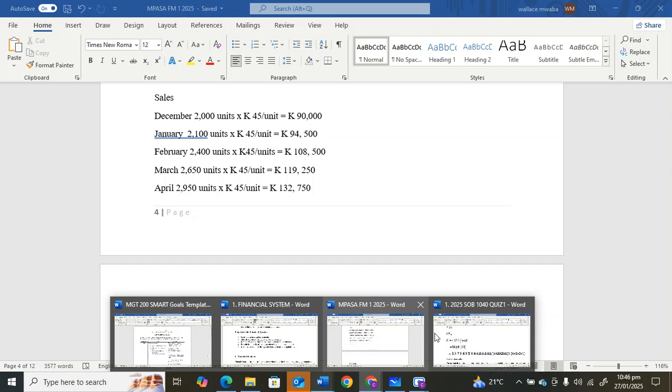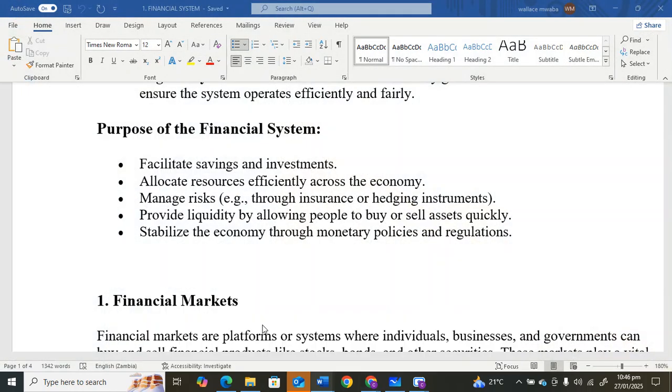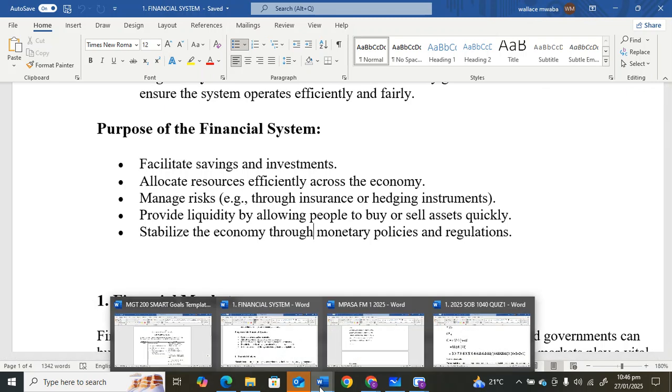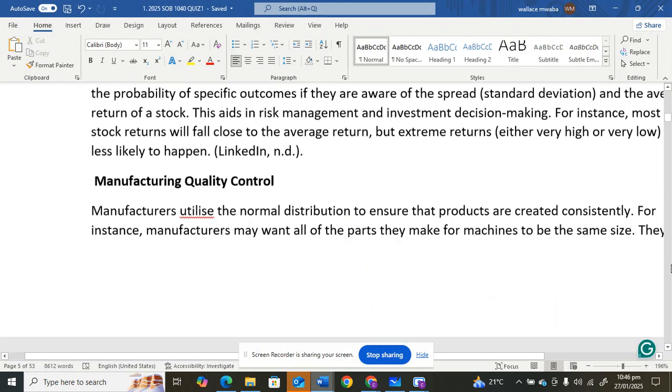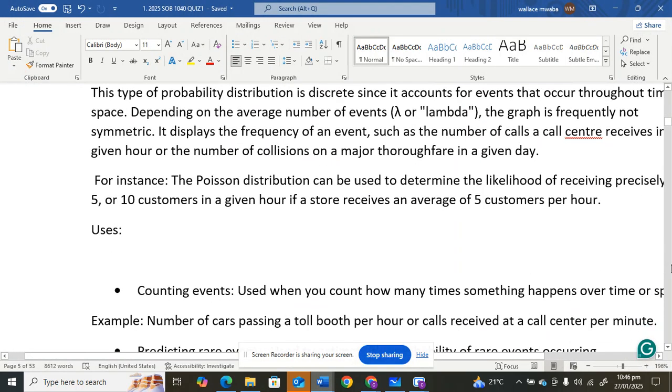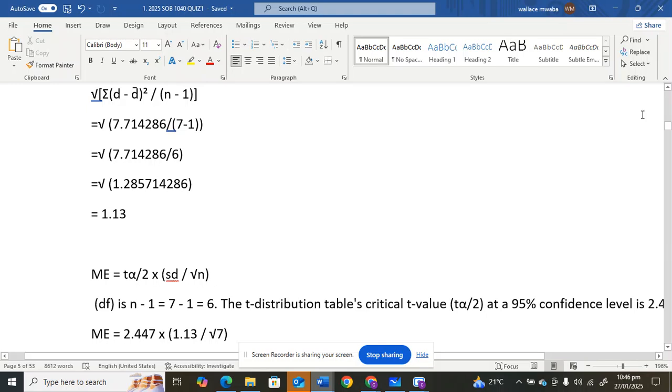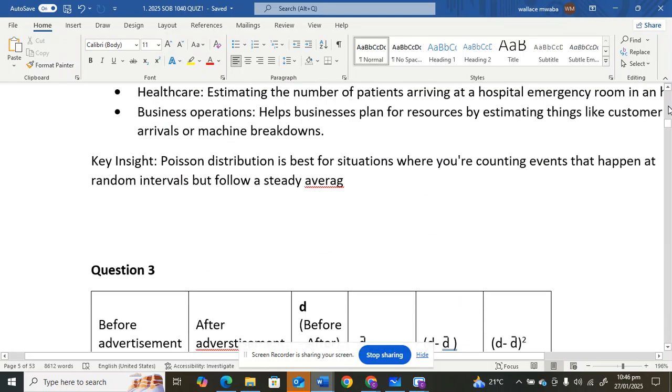Step one: calculate the average of the difference of the means.